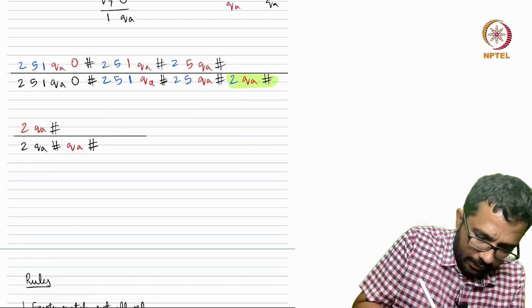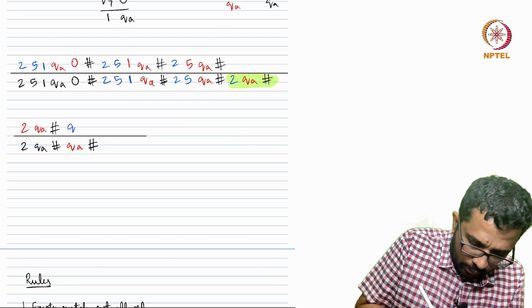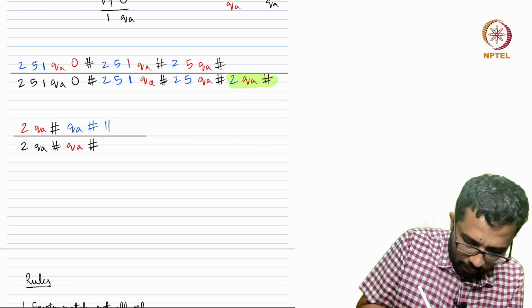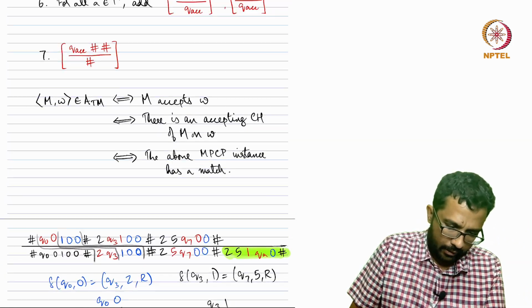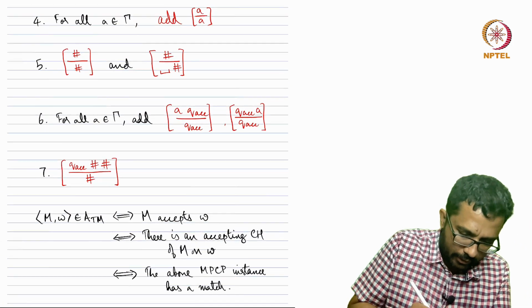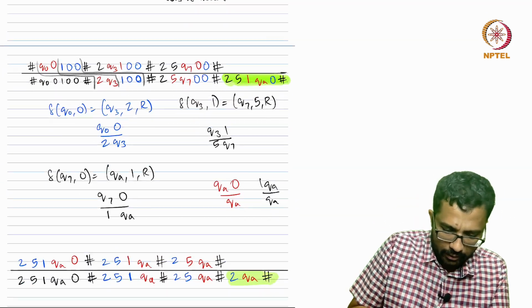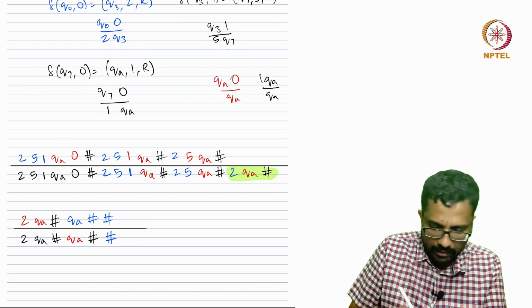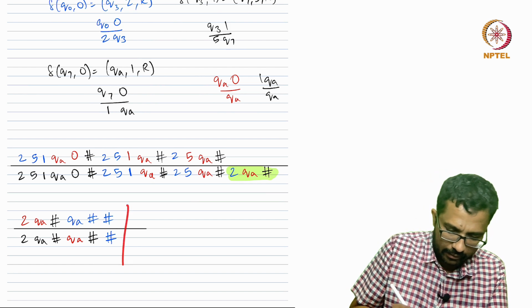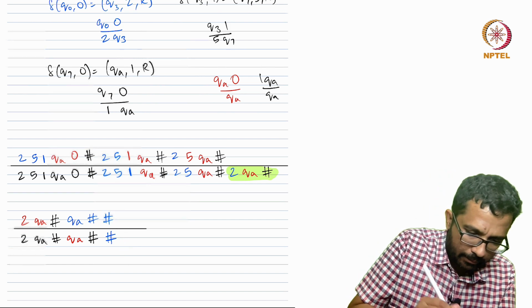Maybe I'll use a different color. qa hash hash in the top and bottom just hash. Right. So basically this is this domino. So now you see how we have managed to use. So now the match is complete, as you can see, right?